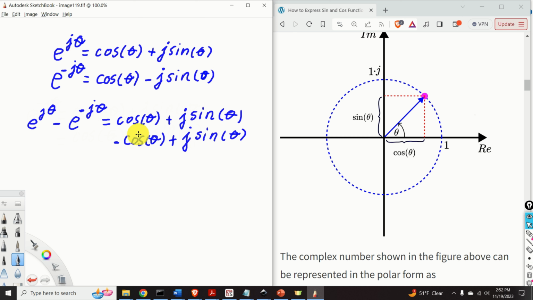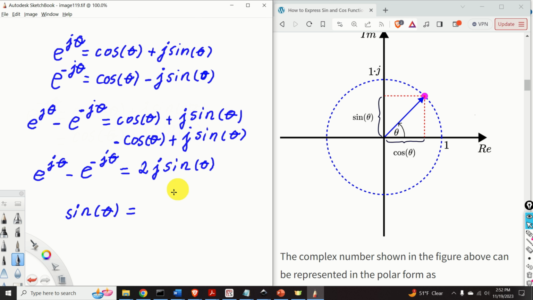Okay, now from these two equations I obtain the following: e to the power j theta minus e to the power minus j theta is actually equal to 2j sine theta. Or from this equation we obtain the formula for sine of theta.